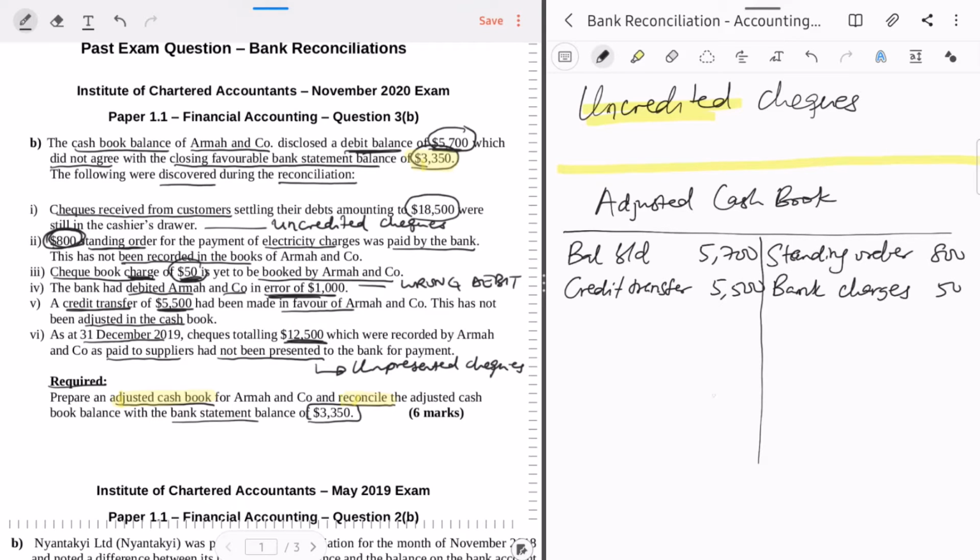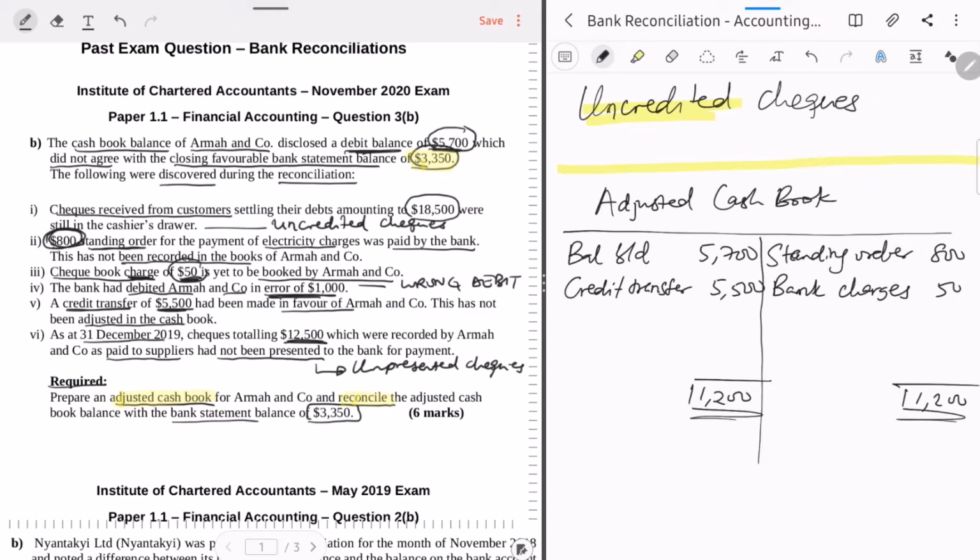So let's balance off the account. This is how to balance off an account. You add both sides. So you add 5,700 and 5,500, right? So 5,700 plus 5,500 gives me 11,200. So you put the same figure here.